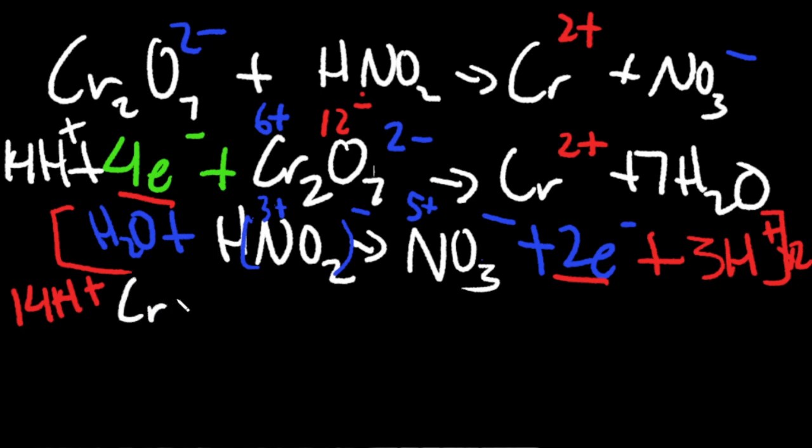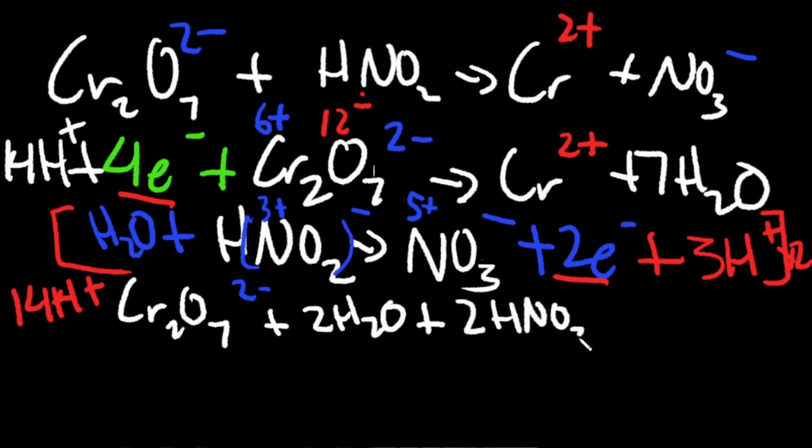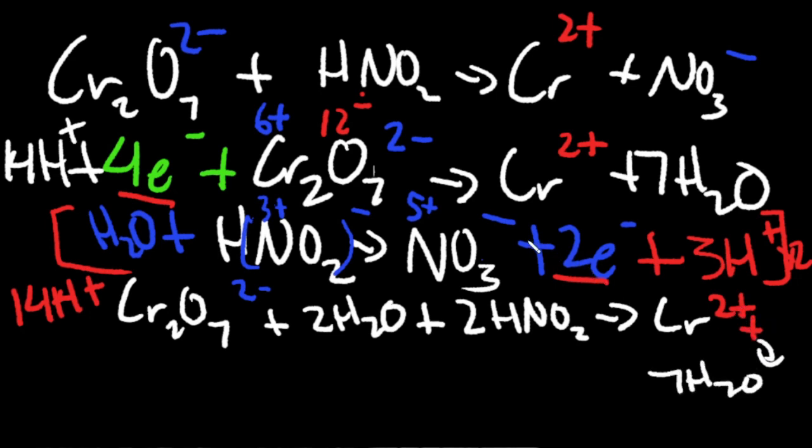You got dichromate 2 minus, plus 2 water, plus 2 nitrous acid, and then this all reacts to chromium 2 plus, 7 water, plus 2 nitrates minus and plus 6 H plus.